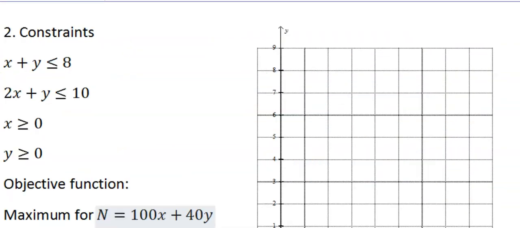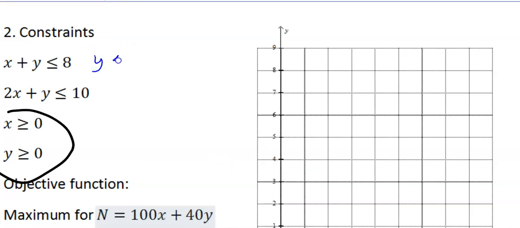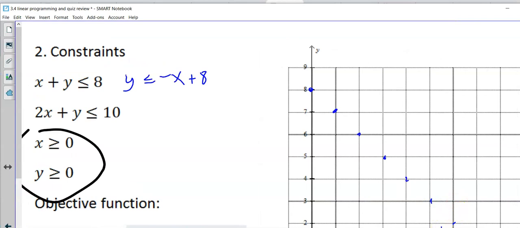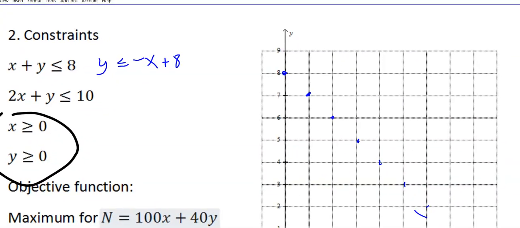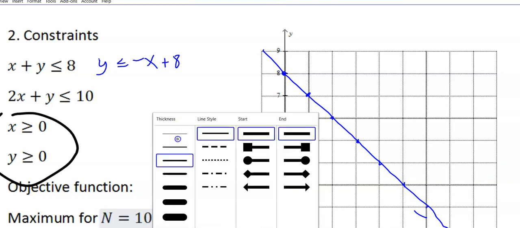This one, again, we start with restrictions. This basically says first quadrant. Solve each of these other inequalities for y. This one would be y is less than or equal to negative x plus 8, so slope of -1 here. Looks something like that. And let's do this one.